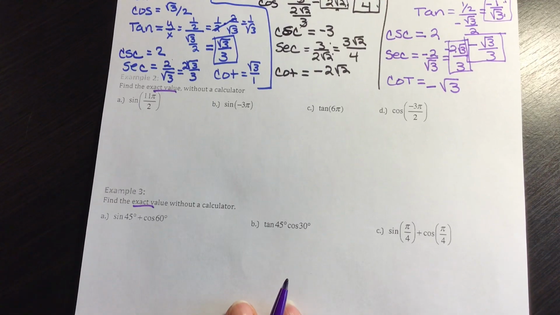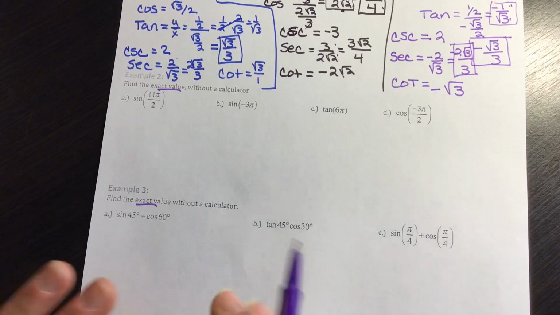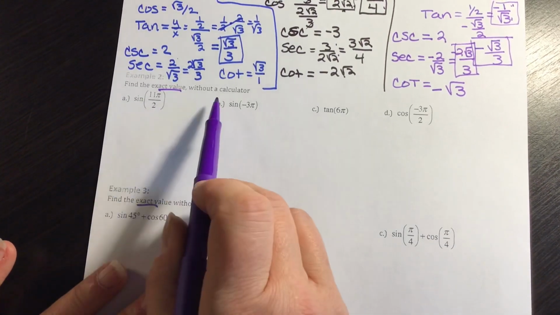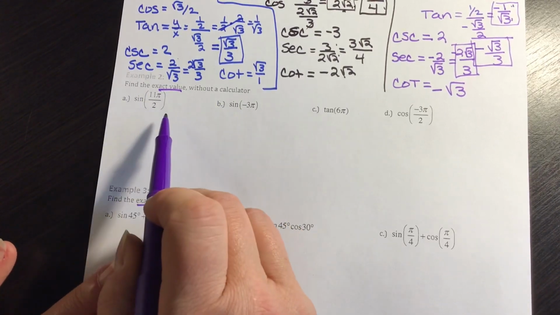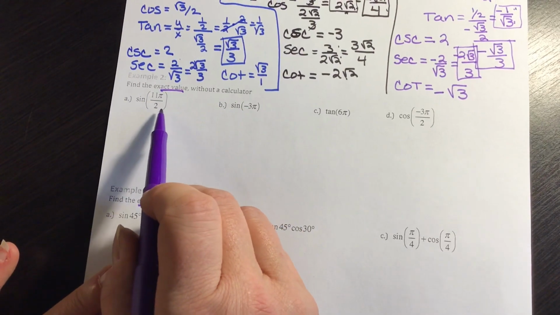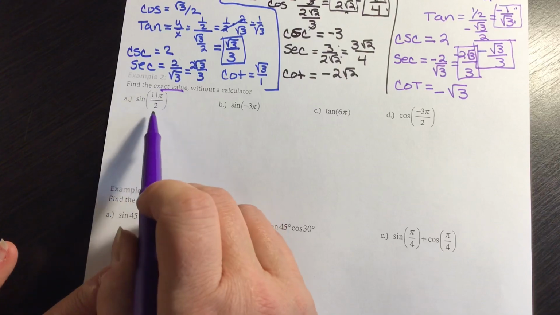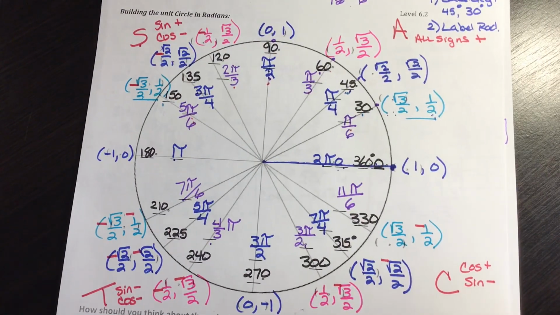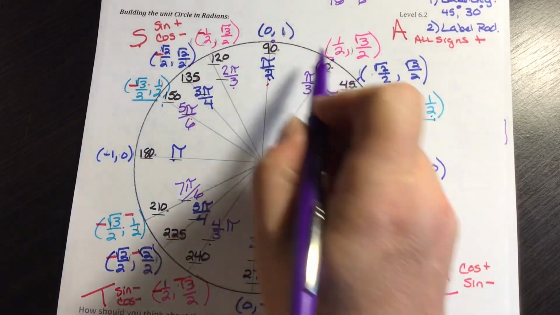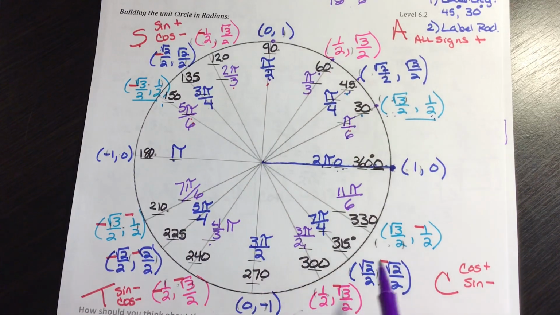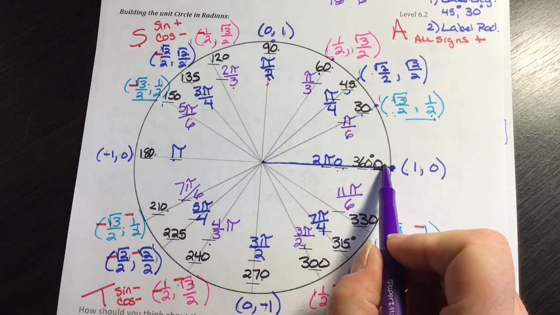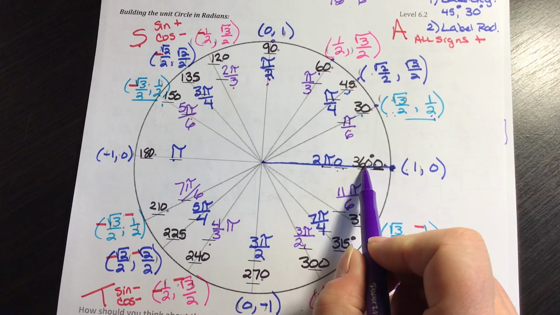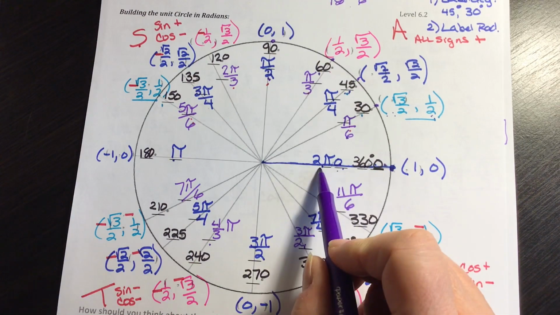All right, so when it says to find the exact value, we're going to use our unit circle, but if I try to find an angle that says 11 pi over 2, we're not going to find it on here because our unit circle is confined to values between 0 and 360 or 0 to 2 pi.